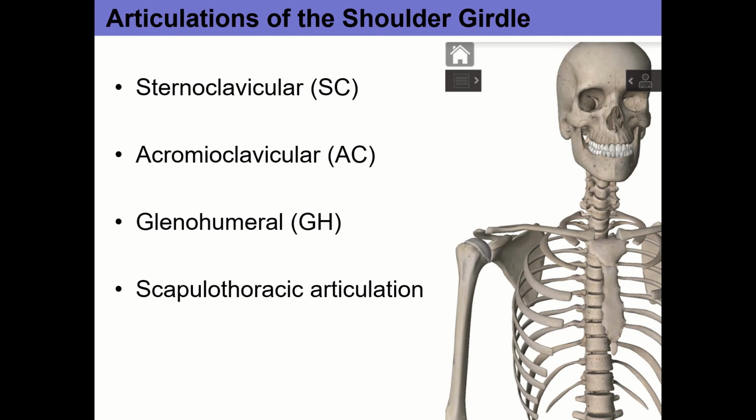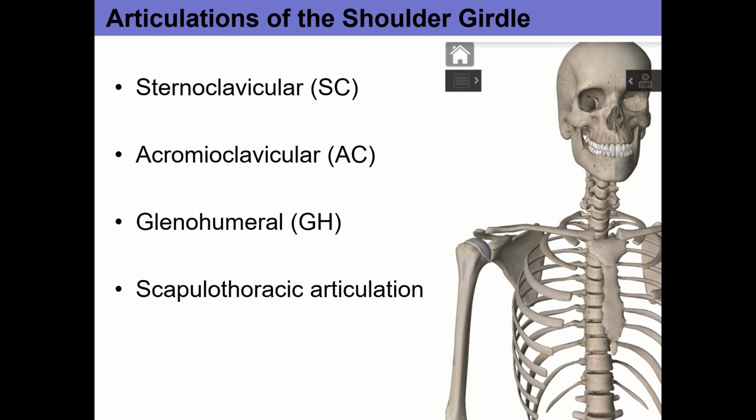Now, not all joints are mobile, but the ones that we're going to spend most of our time on are going to be your mobile joints. There are certain joints where you've got more than one bone interacting. For example, in the foot or in the hand, there will be multiple bones that interact to produce motion. But most of the ones that we're going to spend our time talking about, there's only two of them.